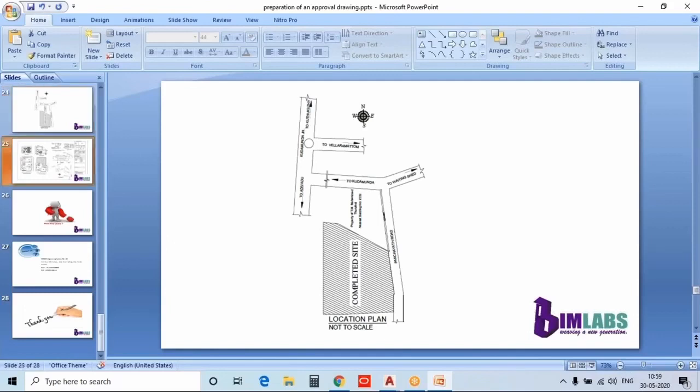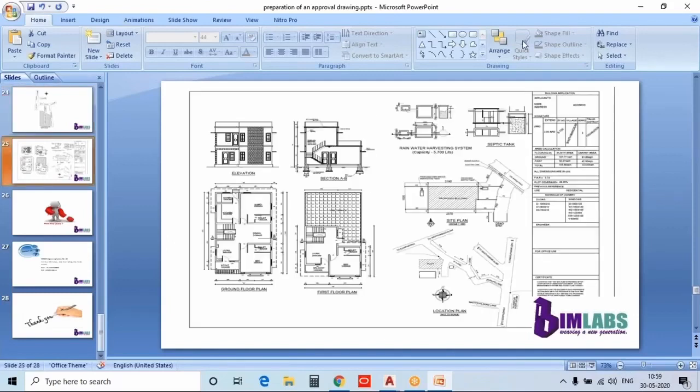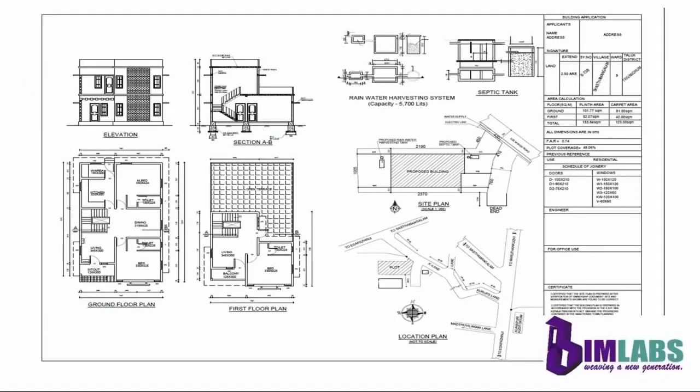This is the location plan, and this is a sample of an approval drawing, which includes the ground floor plan, first floor plan, sections, elevations, then the rainwater harvesting system, its capacity, septic tank, site plan, location map, then the title block that includes the joinery details of doors, windows, then the area calculations, the client details or the land details, then the client name and address, the signature, and the architect or the engineer signature.